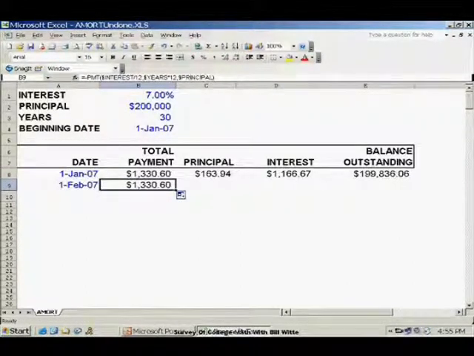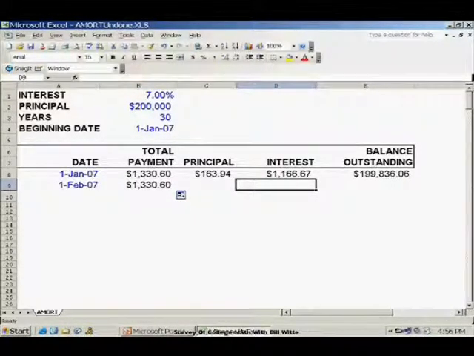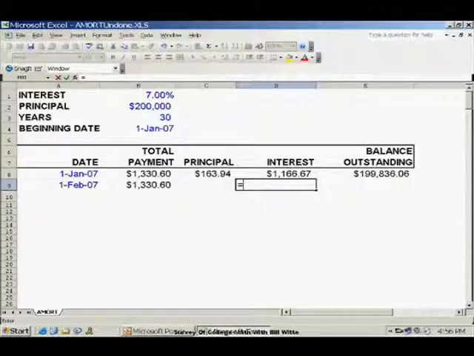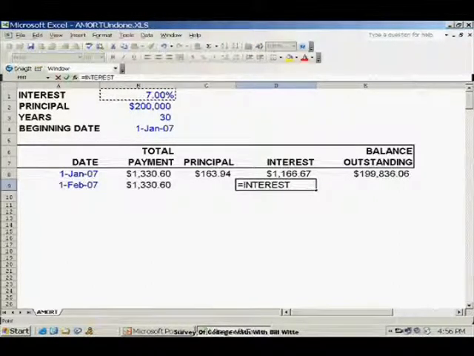So that's nice. Okay? Now, the interest on that payment isn't going to be the same, I hope you appreciate. We're going to pay less interest because we owe less money. We only owe, not that much less, but we only owe $199,800 something. Okay? So once again, let's calculate the interest. And that's going to equal 7%, right? Divided by 12, because it's 1/12 of that annual interest.